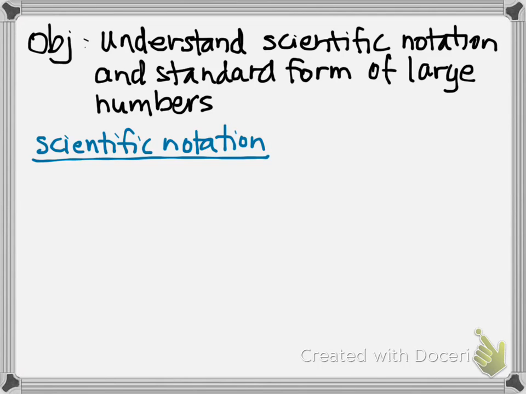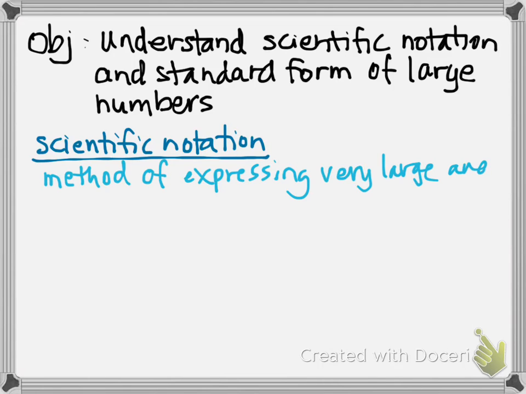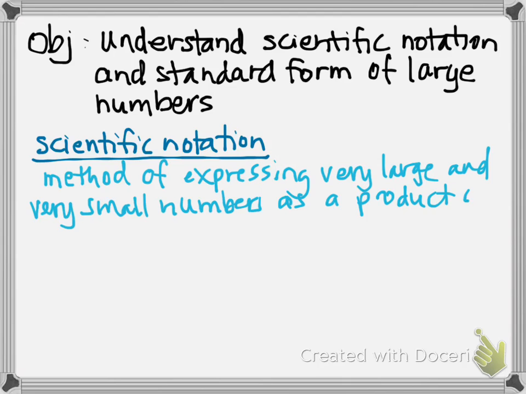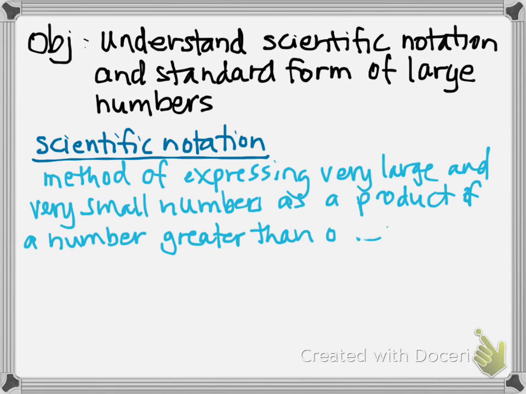So scientific notation is a method of expressing very large and very small numbers as a product of a number greater than or equal to one, but less than 10.